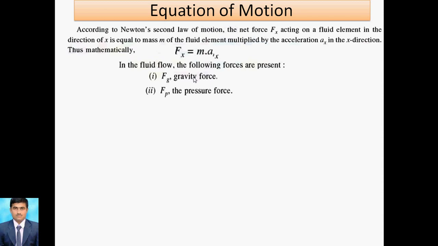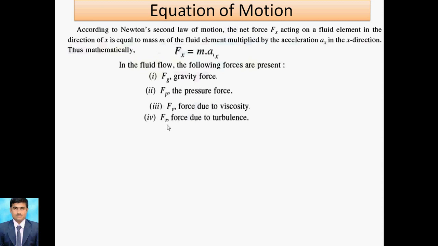Then Fp, the pressure force, is also considered in fluid flow. Third is Fv, the force due to viscosity, because real fluids have some viscosity. So this is also a force acting in fluid flow.